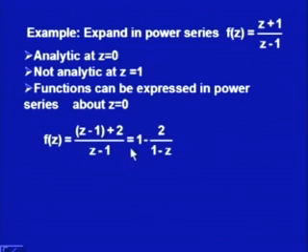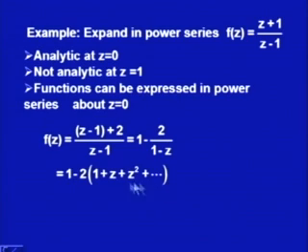So, f(z) will be given by 1 minus 2 over 1 minus z, and this 1 upon 1 minus z can be expressed in powers of z, and will have this expansion.